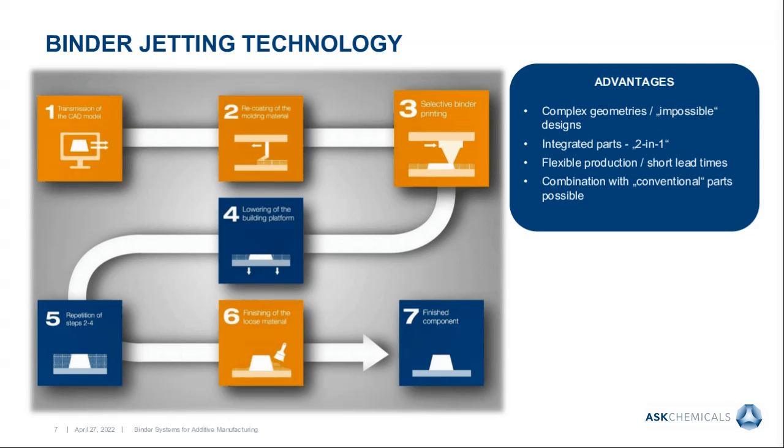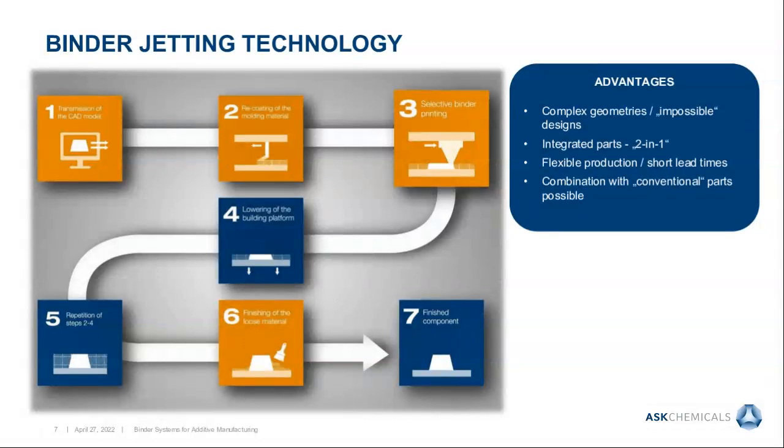With this technology come some advantages. Of course, one very prominent one is the possibility to create very complex geometries or even designs which were thought to be impossible to manufacture. This also includes integrating parts into each other, so printing parts that would have to be assembled afterwards already as one part in the process.